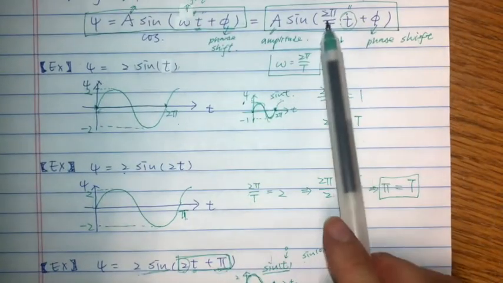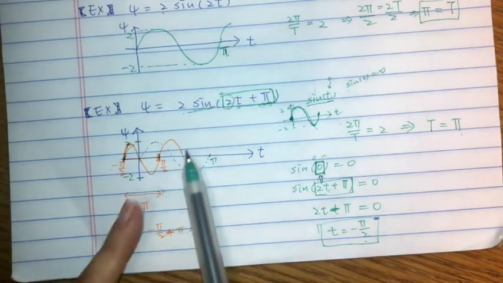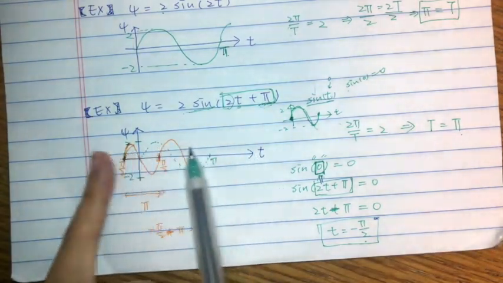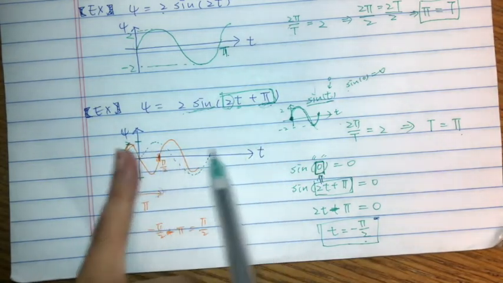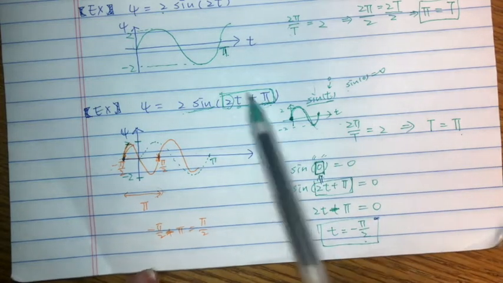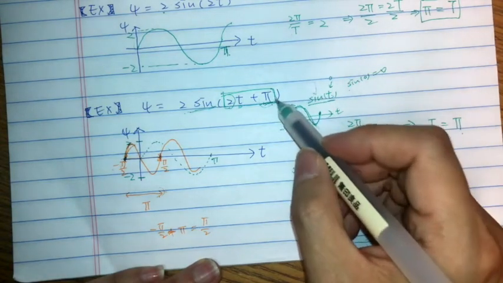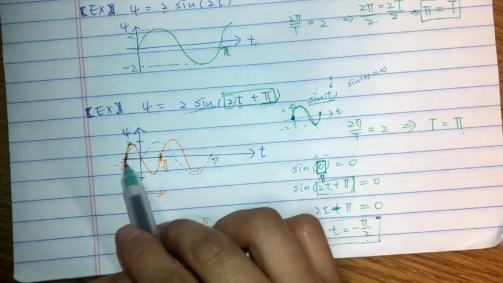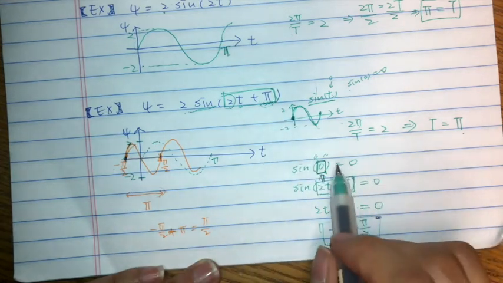And now the last part is the phase shift. This phase shift will shift the entire wave along the t-axis. So how do we figure out how much it shifts? It's not just shifting by pi, it's more than that. To find out where the new starting point of this wave is, we need to do a little bit of calculation.